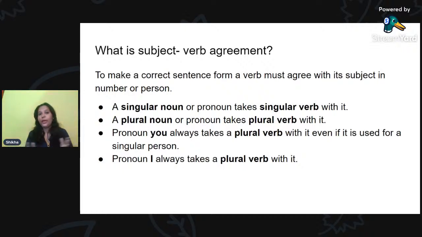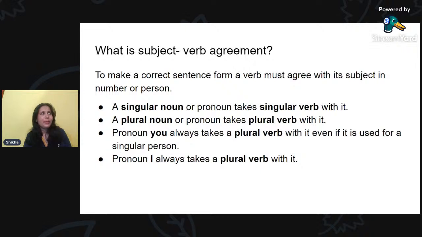So, if I had more than one student in this class, my question would have been the same. That is, are you understanding? Right? So, this is the reason why with you, our verbs should always be plural. On the other hand, pronoun I will also take the plural form of the verb.